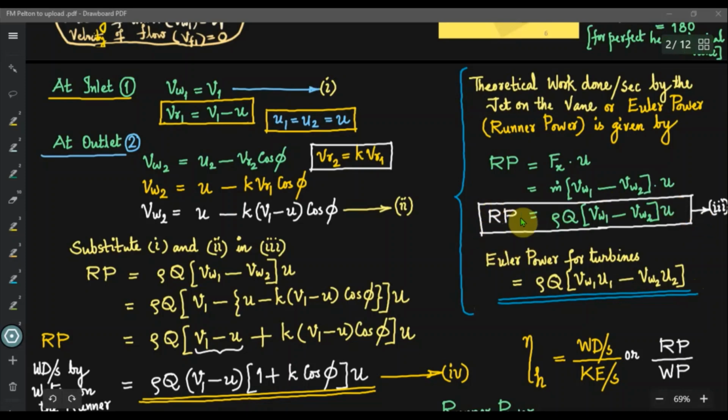Actually, for calculating runner power, you need to get Vw1 and Vw2. Vw1 is equal to V1 in the case of Pelton turbine, and Vw2 you have to get from the outlet velocity triangle.